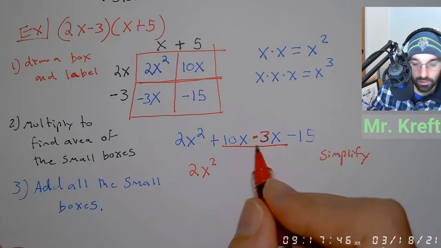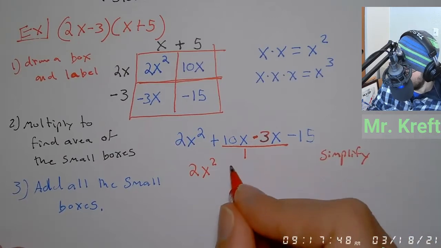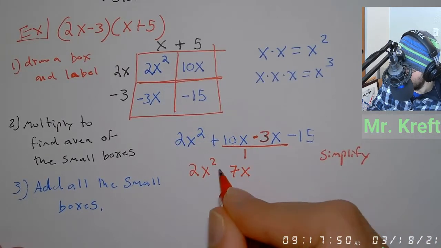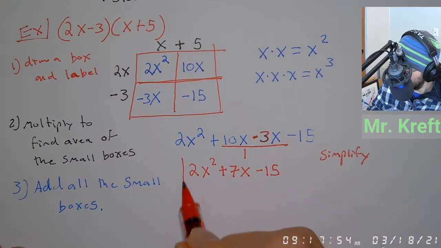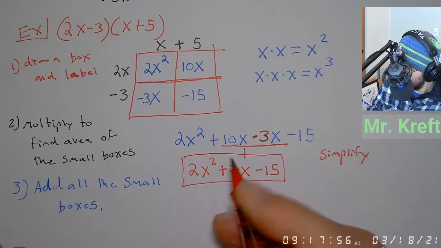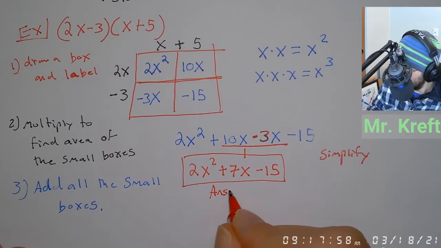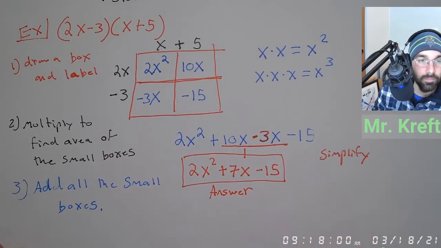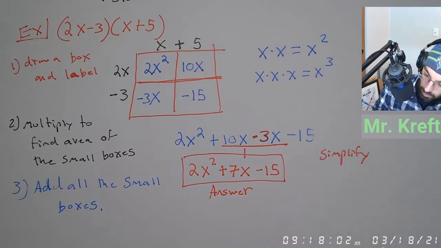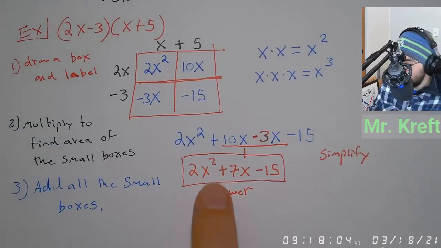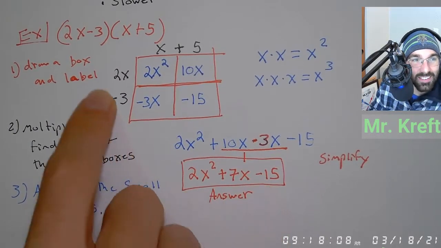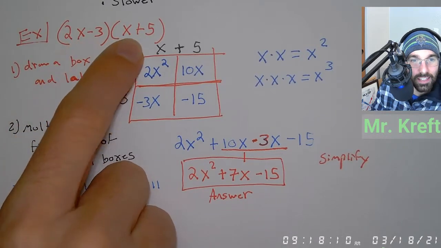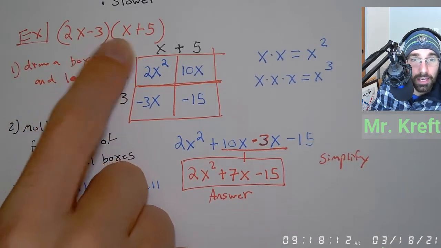So 10x minus 3x is 7x, and then minus 15. And there's my answer. In this box, the 2x squared plus 7x minus 15 is the same as this up here. They're the same thing.